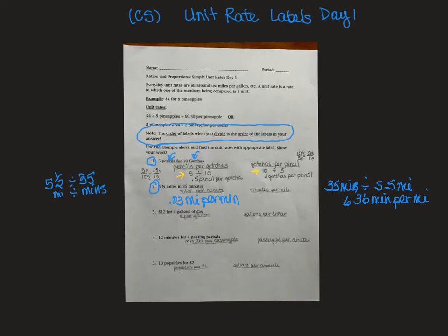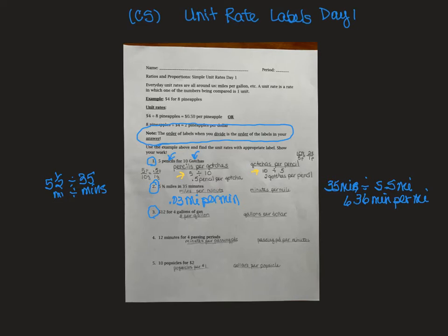So let's look at number 3. Number 3 is a very kind of life thing, so it might seem more familiar to you. I'm saying it cost me $12 for 4 gallons of gas. So I want how much money it's costing me per gallon.